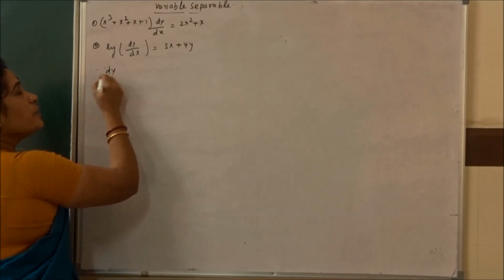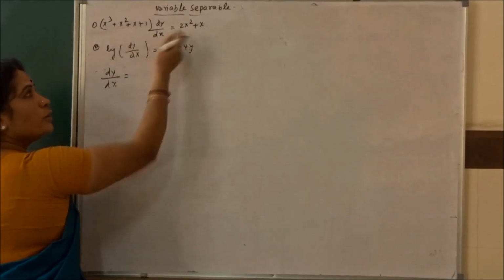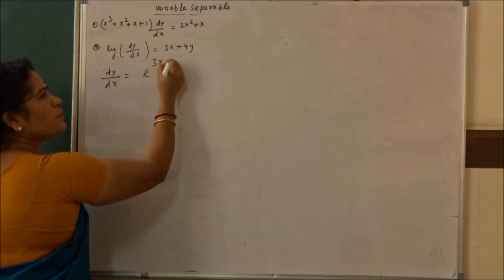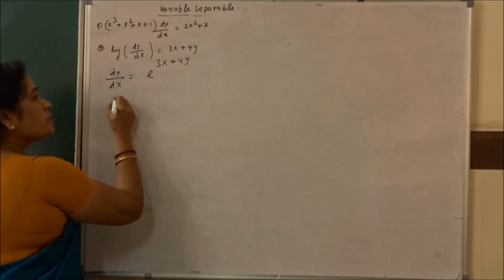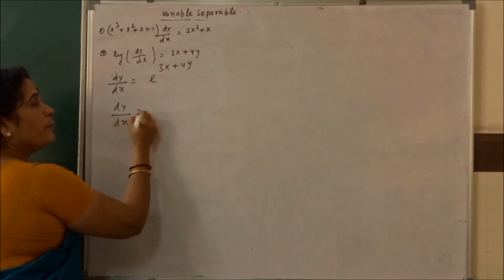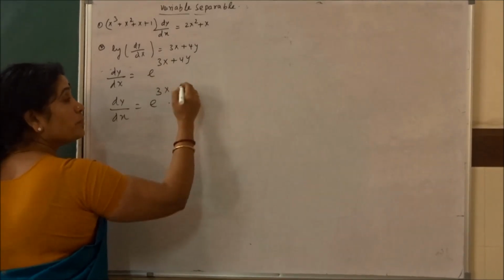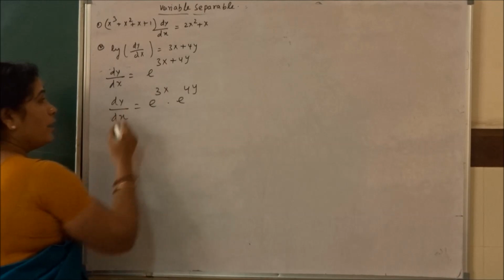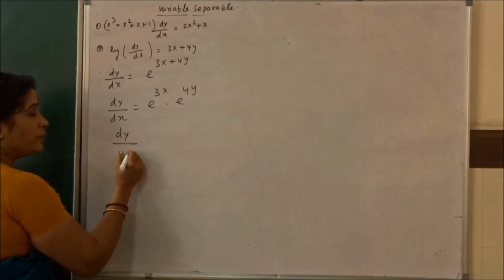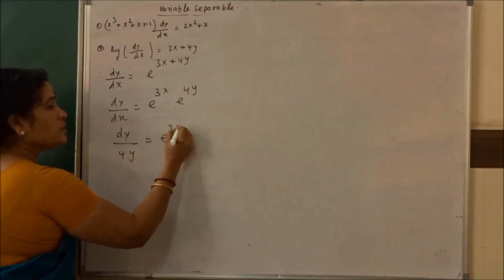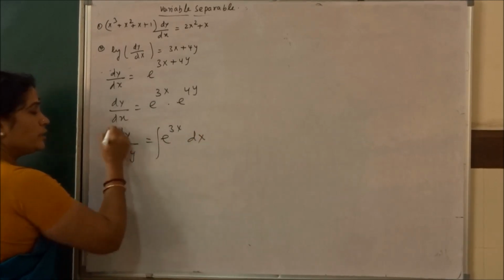So dy by dx is equal to, if you take this log term to the opposite side, e power 3x plus 4y. Now the base is the same, so you can break the power. Now bring all the y terms to one side and x terms to the other side into dx, and take the integration on both sides.